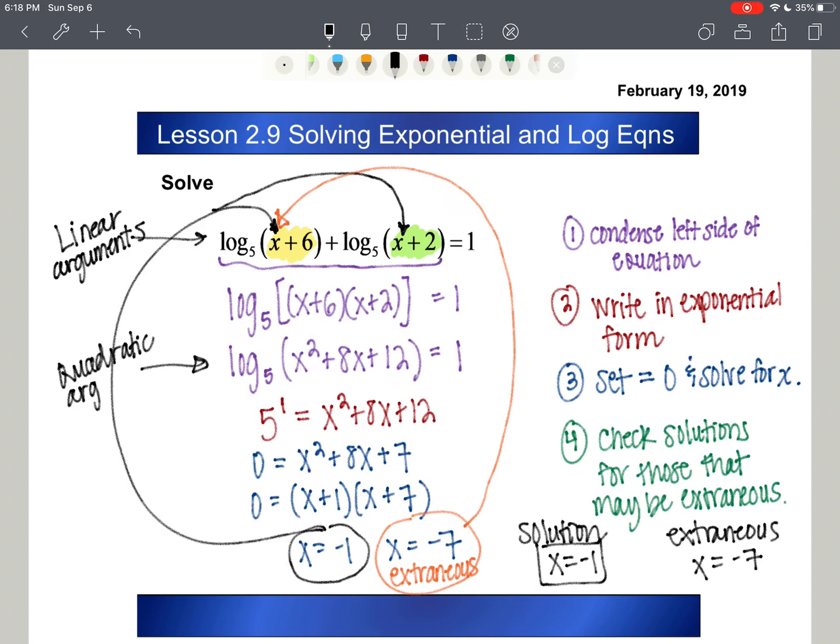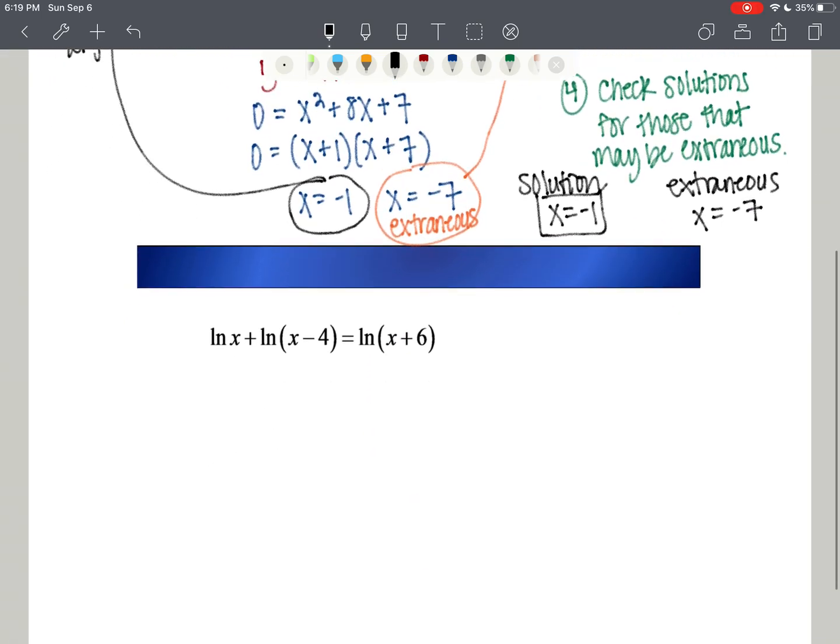And a quadratic argument produces, in the process of solving a quadratic, two possible solutions. So the linear arguments would have produced potentially one, whereas the quadratic that was generated in our algebra produced a second solution that wasn't a true solution. Now sometimes that quadratic argument does produce two valid solutions, but not always. So we always have to check for those extraneous solutions.